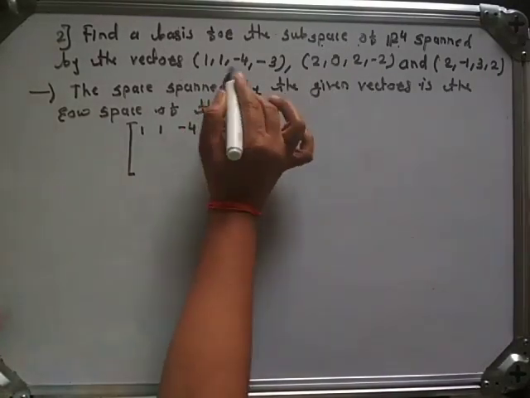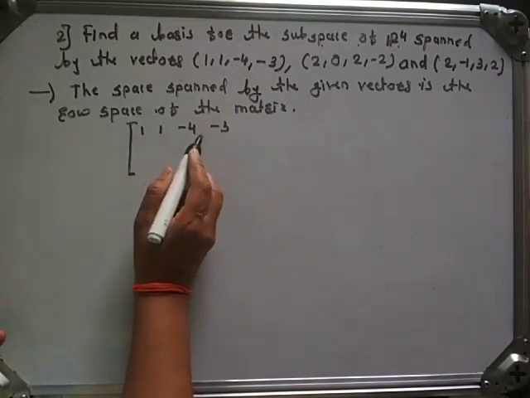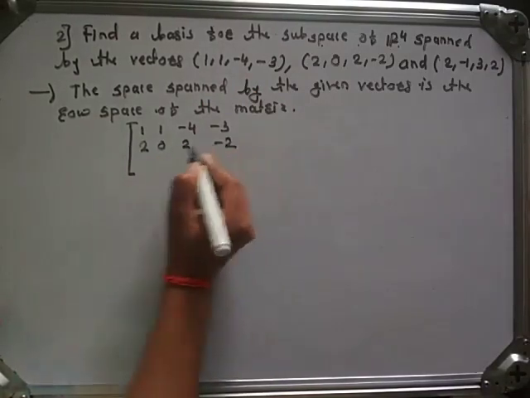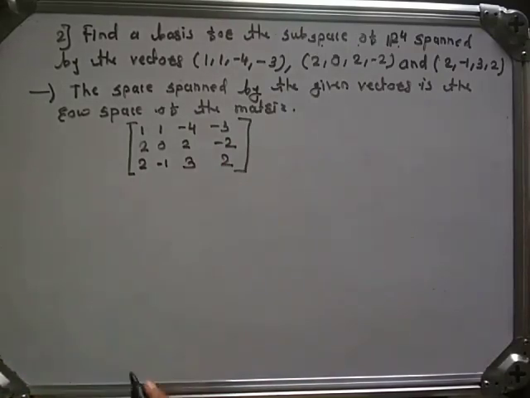Okay, these vectors we write as the rows of a matrix. We will get the matrix 1, 1, minus 4, minus 3; 2, 0, 2, minus 2; 2, minus 1, 3, 2. Okay, this is a matrix.